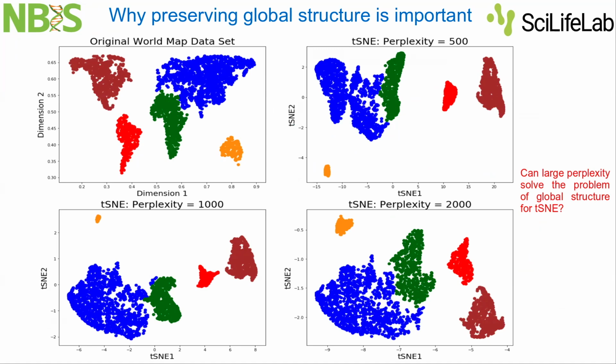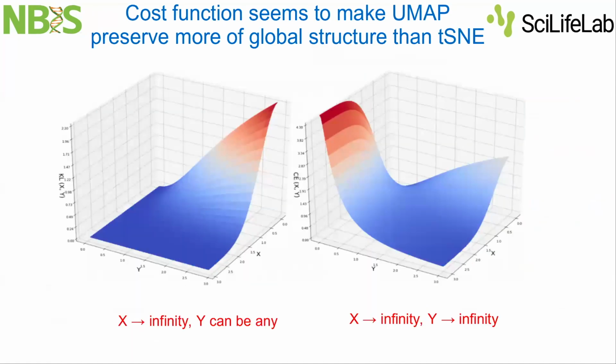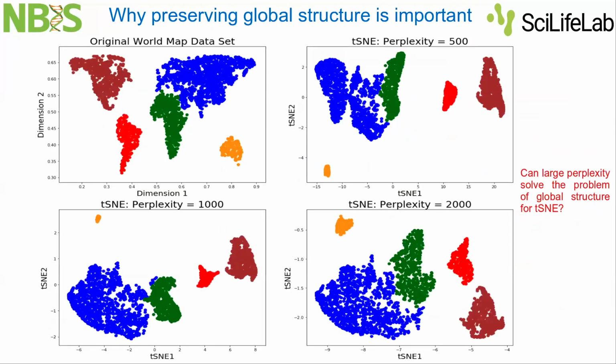So for t-SNE, at some point there was a claim in the literature that large perplexities improve global structure preservation. And indeed, looking again at this benchmark data set, the world map, it looks like if you increase the perplexity, you start with quite a perturbed world map at low perplexities, and eventually you come to almost perfect preservation of all the intercontinental distances at very large perplexity.